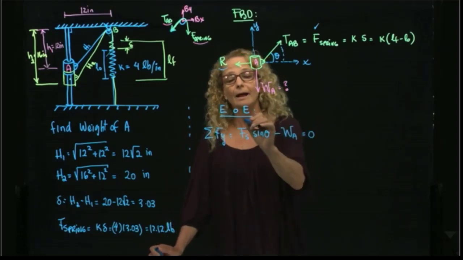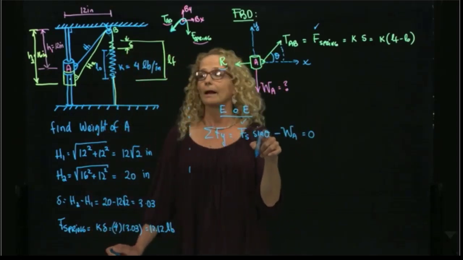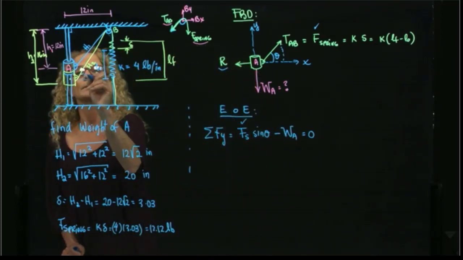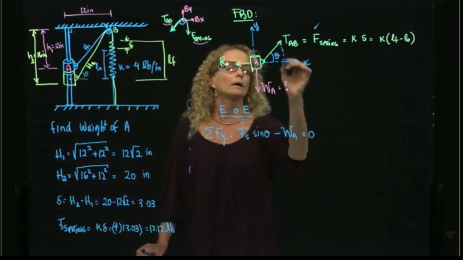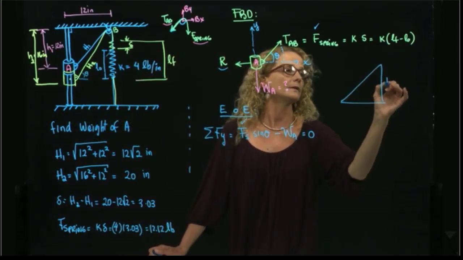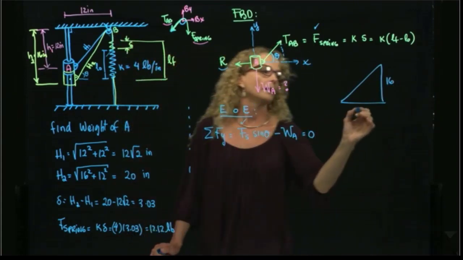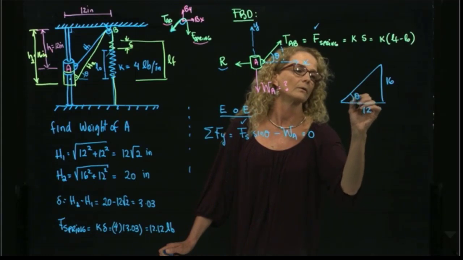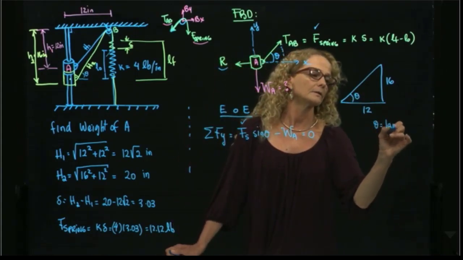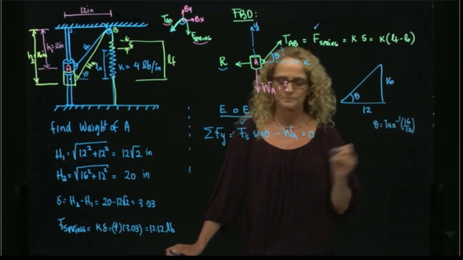I was able to find the force of the spring, but I need to find that angle. Which angle is that one? This is this angle over here. And as you see, let me write it over here. I have this distance is 16, which is the height, and this is 12. This is this angle. Therefore, theta is the inverse tangent of 16 over 12.